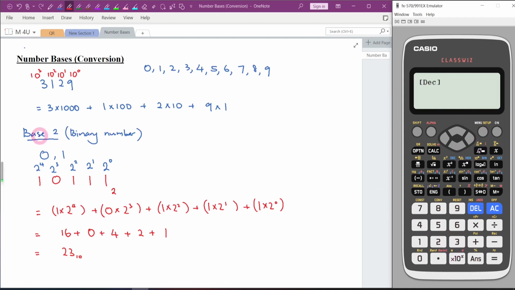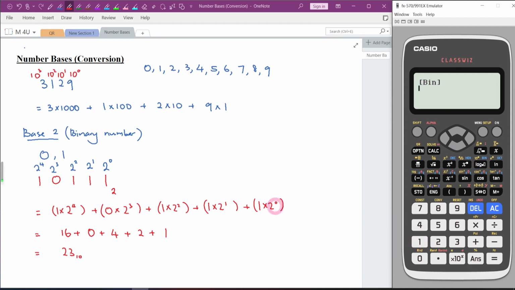Okay, now this is base 2. I need to let my calculator know that now I'm going to key in a number in base 2. Therefore, I need to change it to binary number first, which is printed in blue color, BIN, binary number. So I need to press this one first. Now your calculator knows that the number that you key in is a binary number.